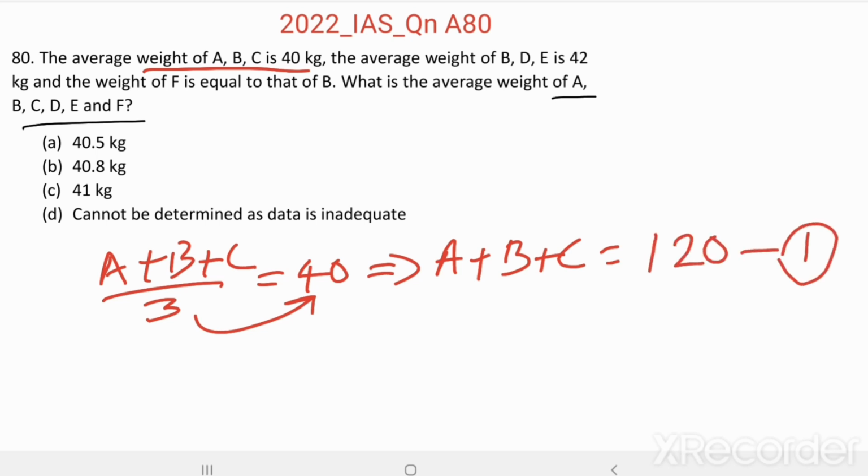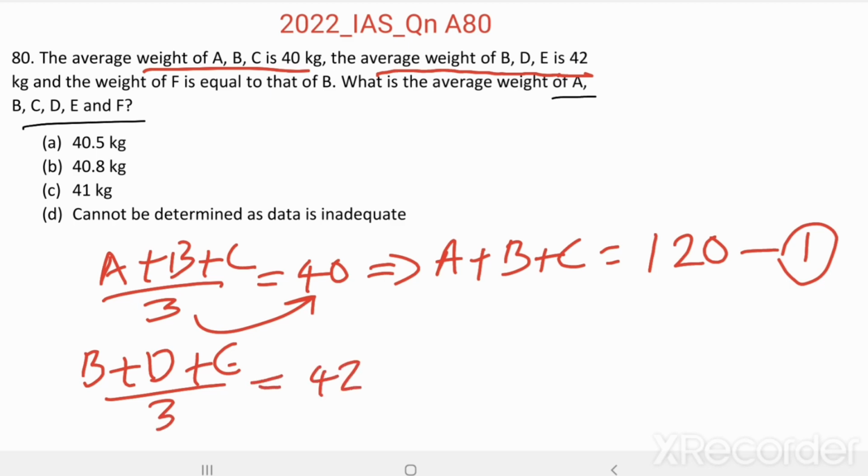This is the first equation. Then the average weight of B, D, E is 42 kilogram. B plus D plus E divided by 3 equals 42 kilogram. Then B plus D plus E equals 126 kilogram.